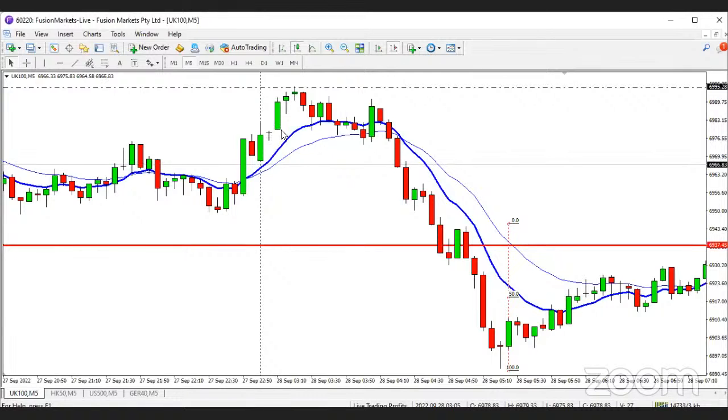And you should also train yourself as a habit to put a measured move on the first candle. So any first candle, whether we get there or not, put a measured move, because that's a bull candle.